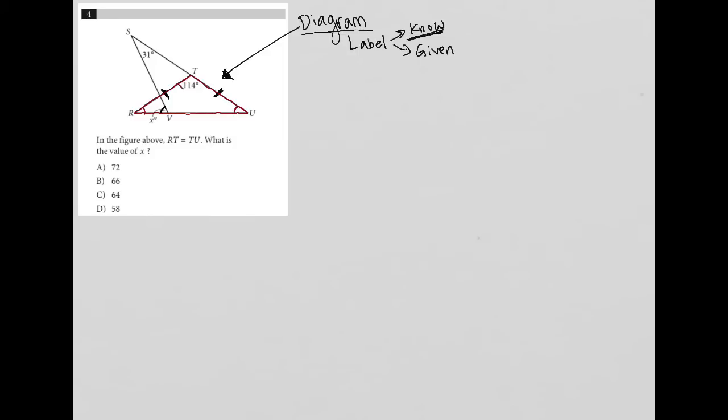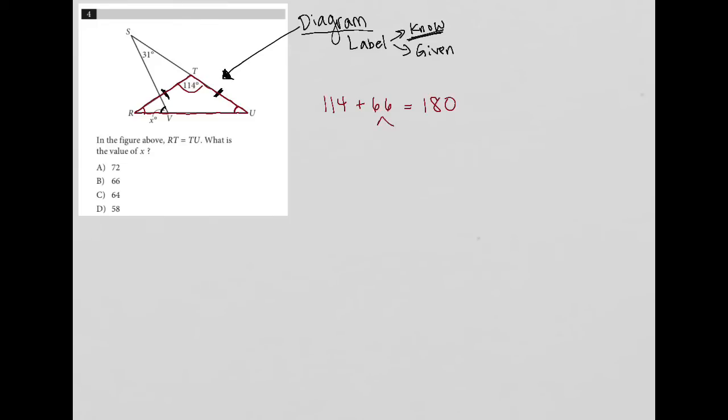Since the top angle here is 114 degrees, I know that the bottom two, or left and right angles, must add up to 66 degrees because 114 plus 66 equals 180. And the three angles of any triangle must always add up to 180 degrees.